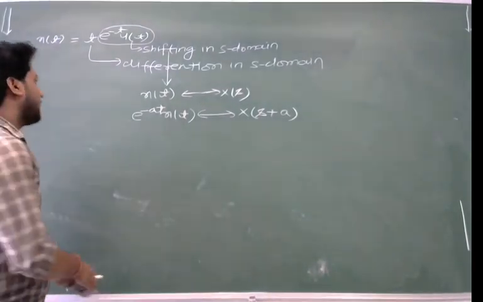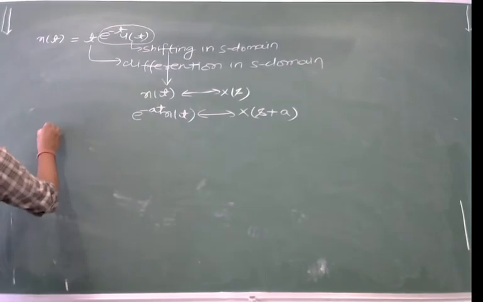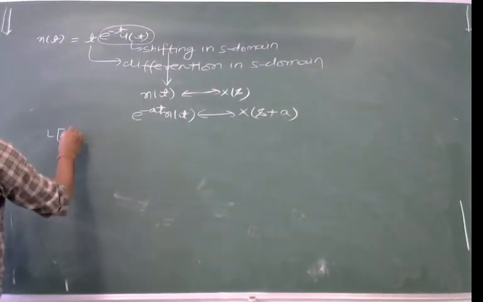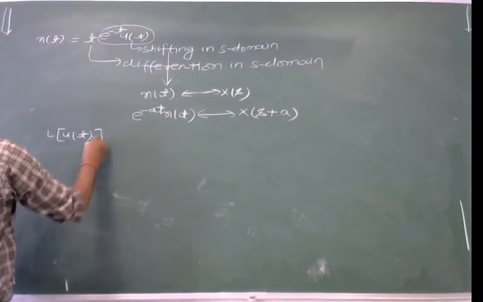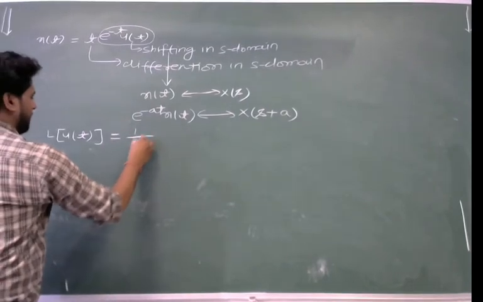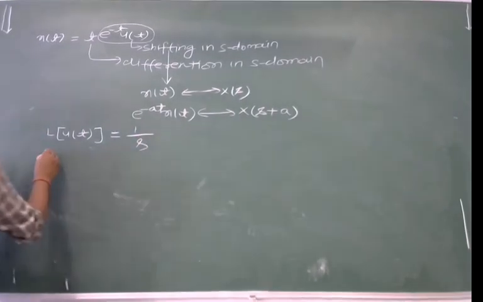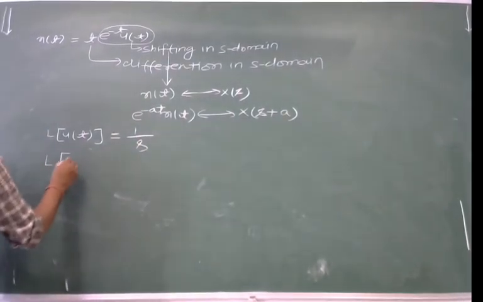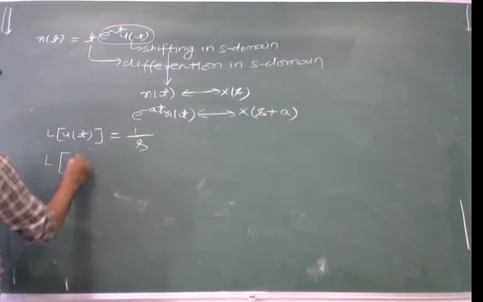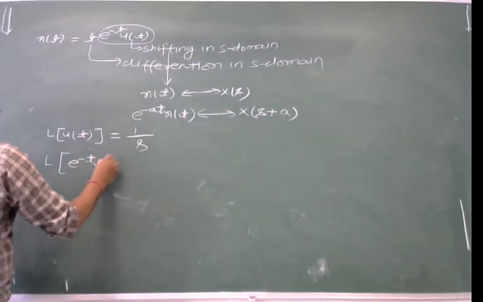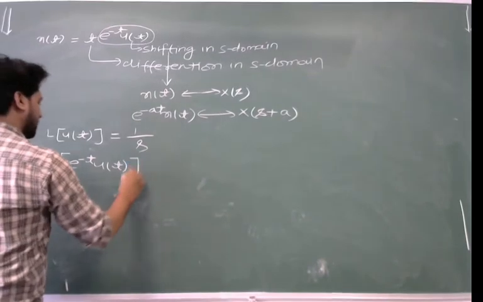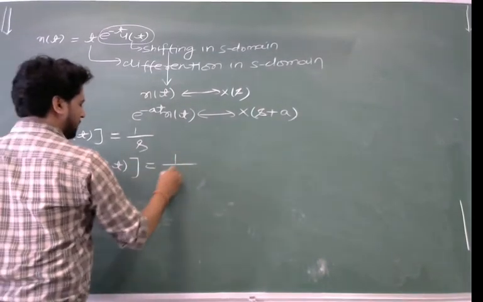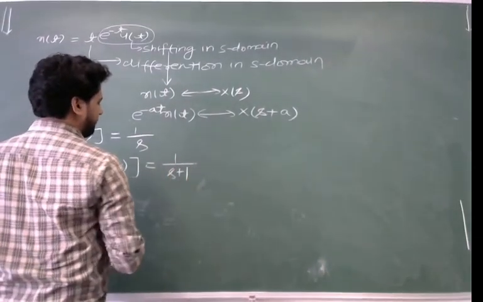So from here we know that the Laplace transform of u(t) is 1 by s. Then the Laplace transform of e power minus t u(t) will be equal to 1 by s plus 1.